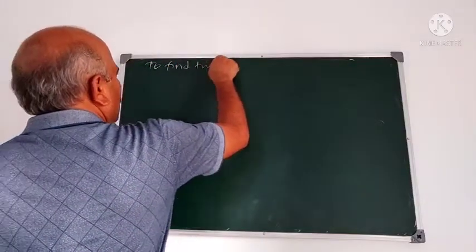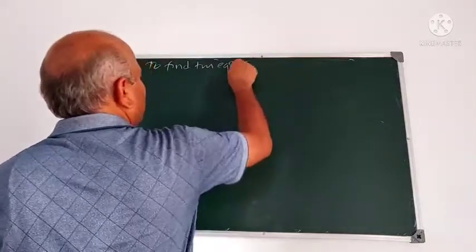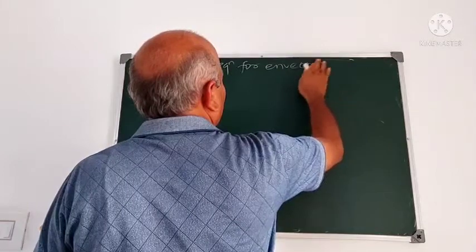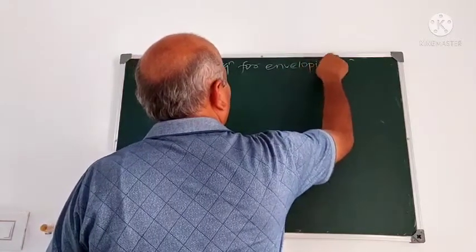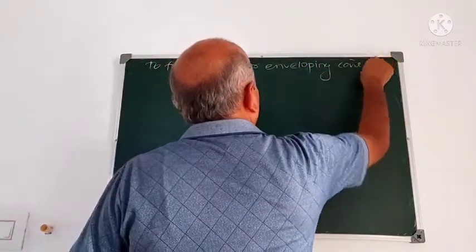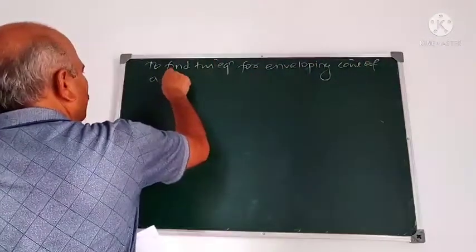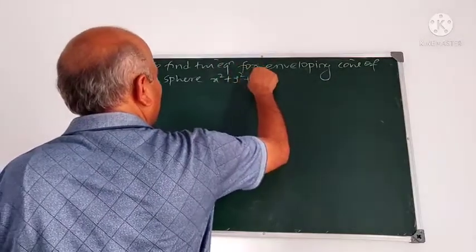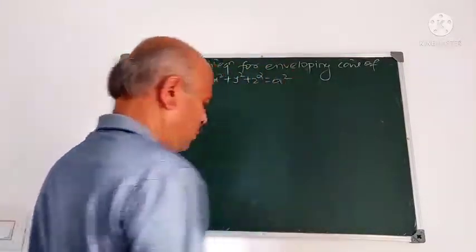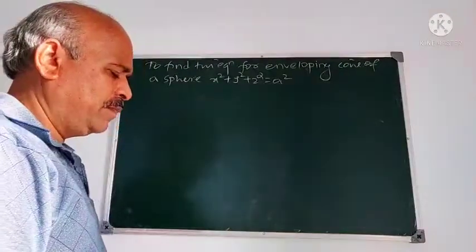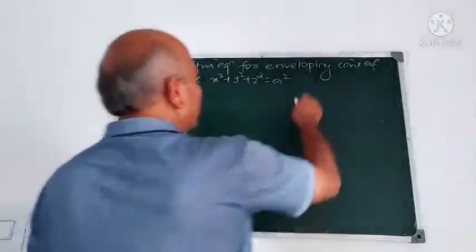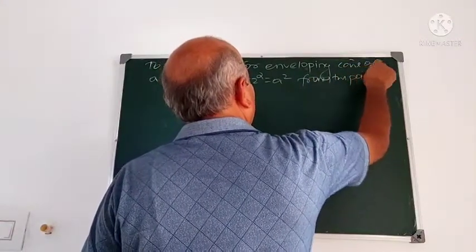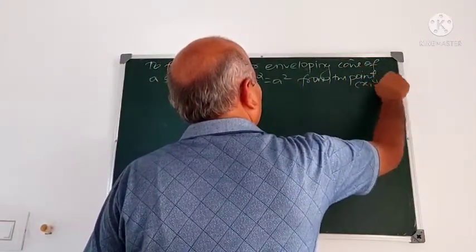To find the equation for the enveloping cone of the sphere x square plus y square plus z square is equal to a square, from the point x1, y1, z1.